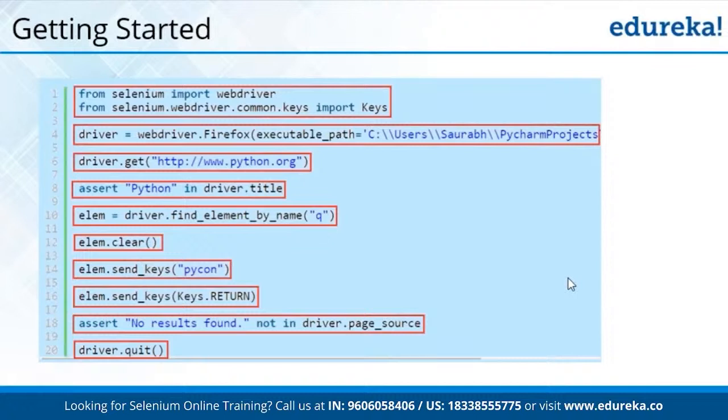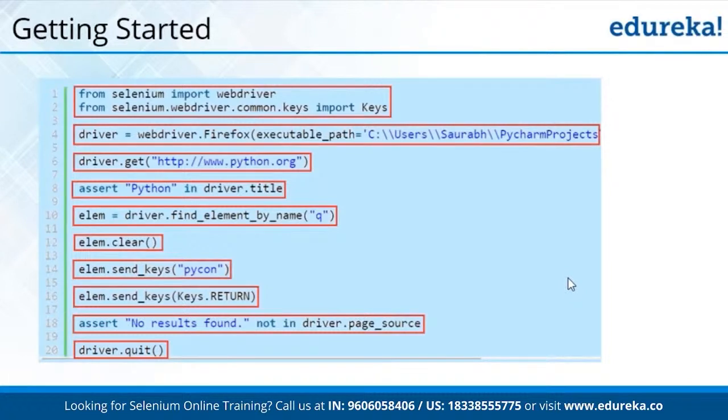Elem is the elem.clear. So basically what we are doing is we are defining a name to this particular element. This element means any element we are talking about; we are first giving a name to it, and then we are saying clear the field, and then we ask it to type in the field. So it's a text box which we are defining, saying first look at this text box.